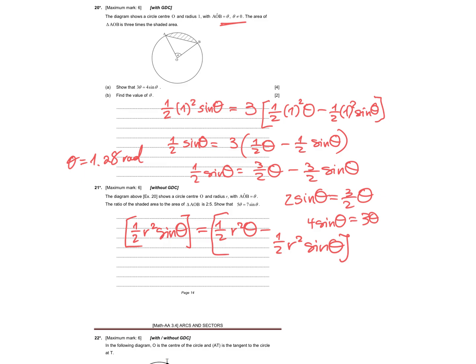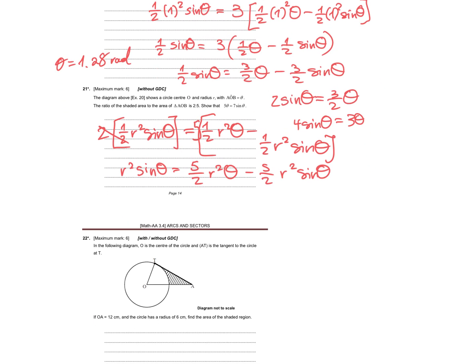So then you can cross multiply. So that's why this is twice and this is 5. And then this will cancel. So we'll have r squared sine theta equals, and I'll just go ahead and distribute, 5 over 2 r squared theta minus 5 over 2 r squared sine theta.